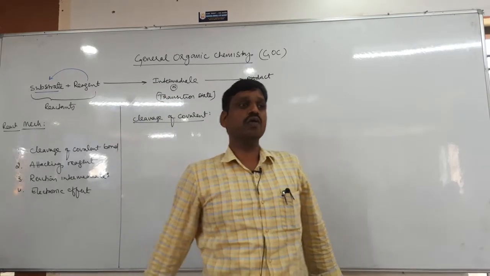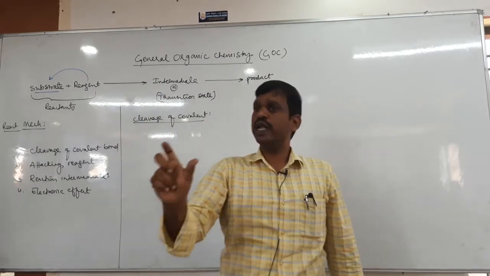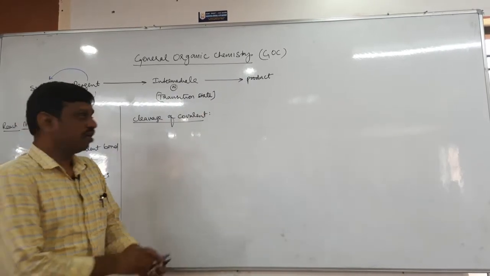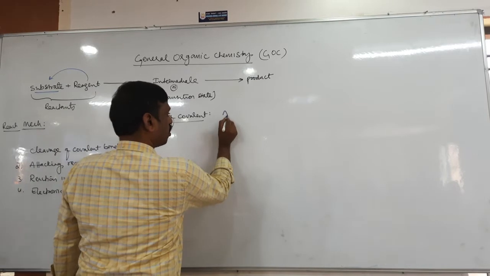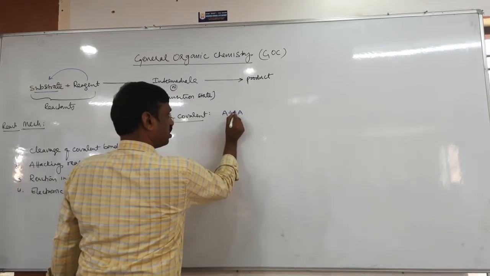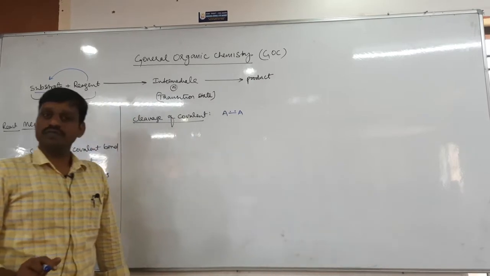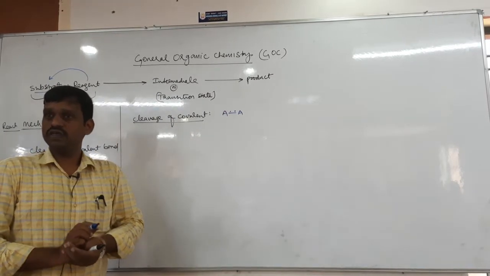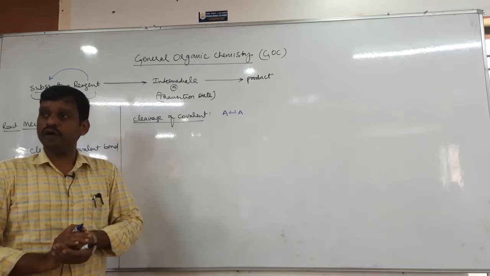It means a covalent bond is always formed by sharing of a pair of electrons. For example, a covalent bond present between A-A indicates that a pair of electrons is shared between the two atoms. That is the meaning of a covalent bond.